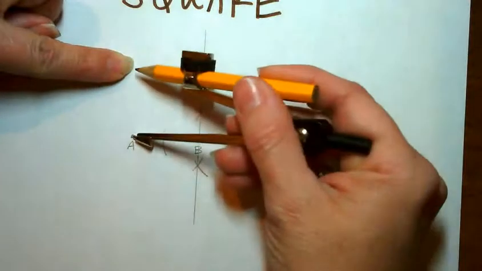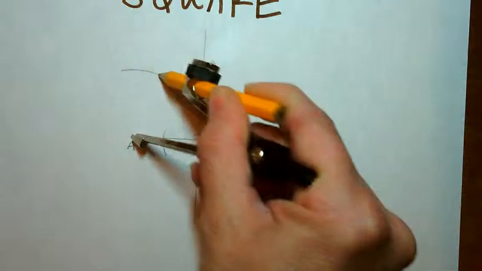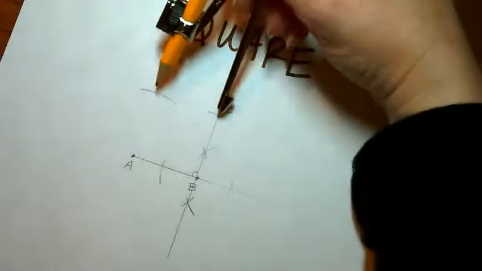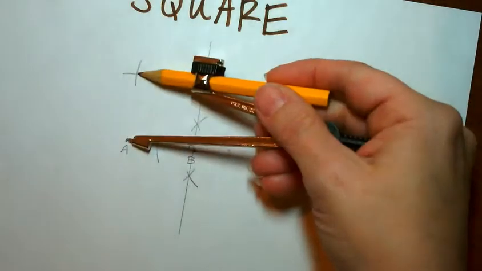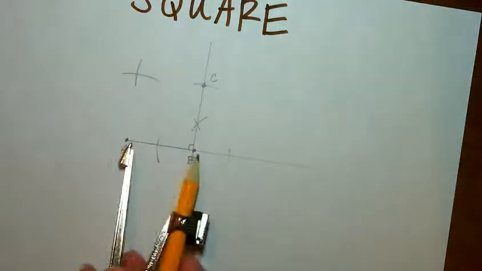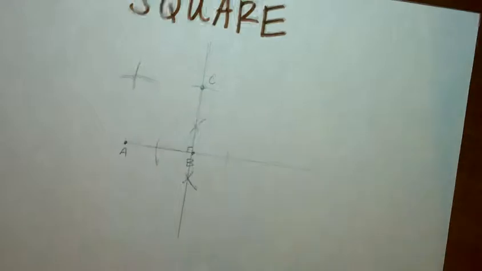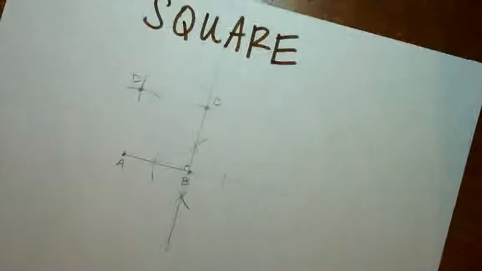I'm going to put the compass on point A and make an arc. Then I'm going to come over here, put it on point C, and make an arc. Now this piece right here is the same length as that one and that one and that one. This, which I'm going to call point D, is now my 4th point.